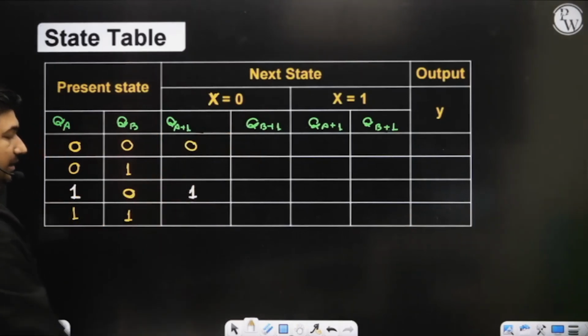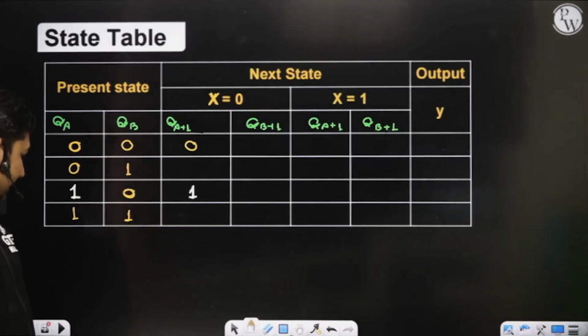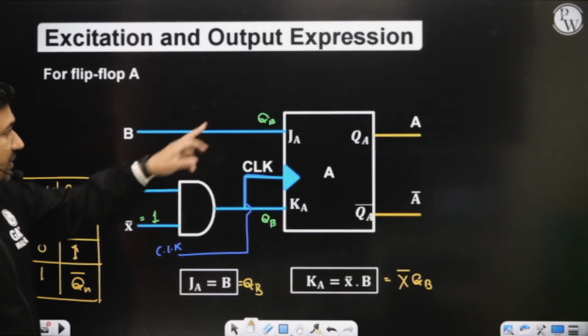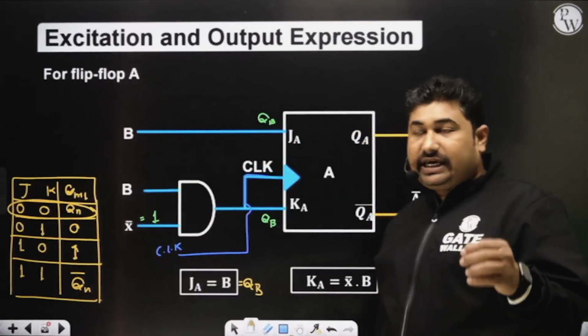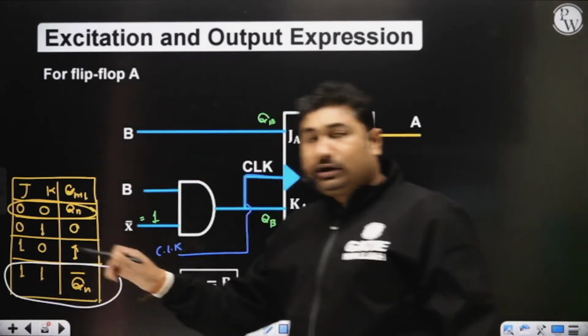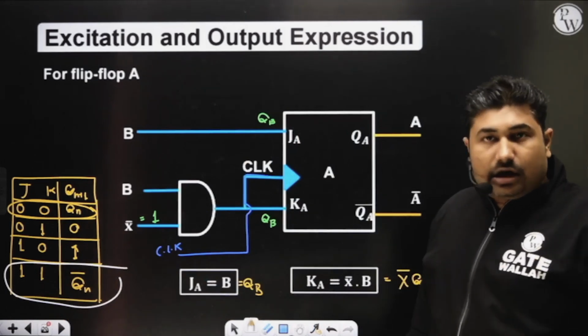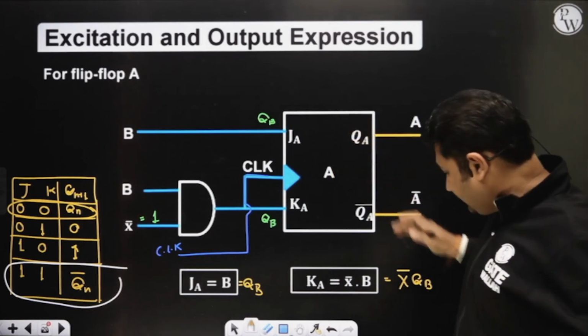Is it okay? Yes, sir. Now, come to QB equal to 1. In case QB is 1, the flip-flop inputs JA and KA will become 1, 1. If J and K are both 1, 1, the flip-flop goes into toggle mode. For toggle mode, as soon as the clock appears, whatever the previous state of QA is, it toggles.